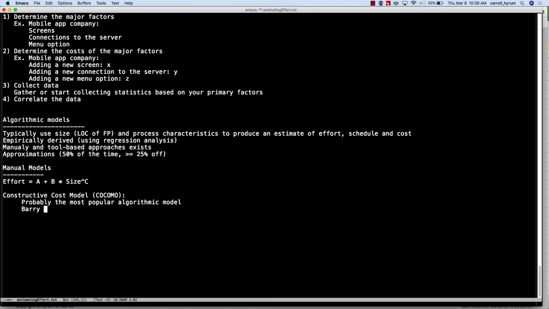This is from Barry Boehm. In the 1970s, that was a little while ago, we had COCOMO 1 or COCOMO 81. He published a book in '81 talking about COCOMO, so it depends on how you reference it. Then in 1995, 1996, COCOMO 2 came out, which was an improvement. COCOMO 1 is based off of 63 projects at TRW Aerospace.